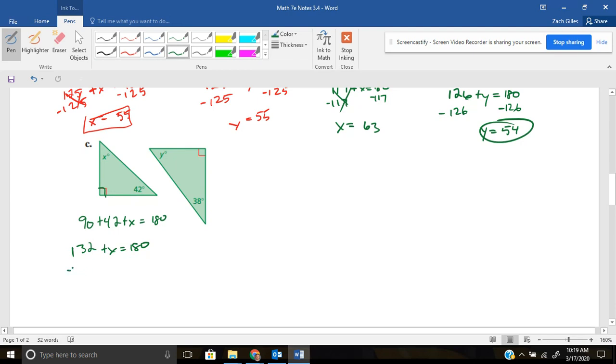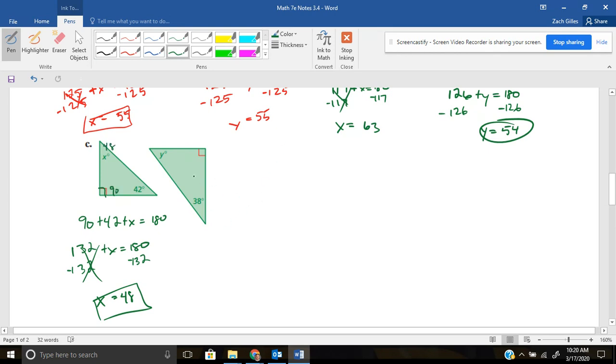In other words, subtract 132 from each side of our equation. And 180 minus 132 would give us 48. So our three angles would be 90, 42, and 48.